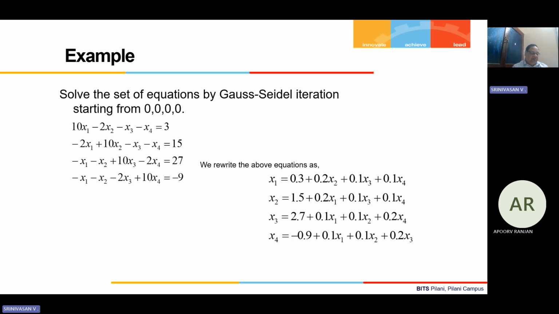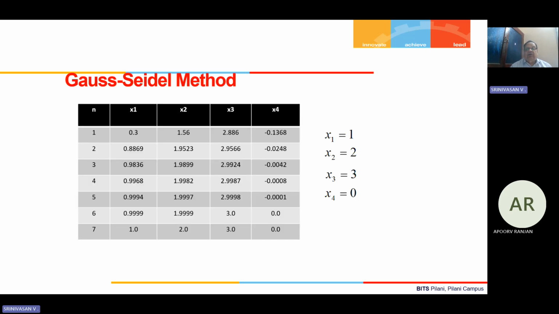If you add these three, you get 0.7632. Minus 0.9 plus 0.7632 gives minus 0.1368. Yes, minus 0.1368.